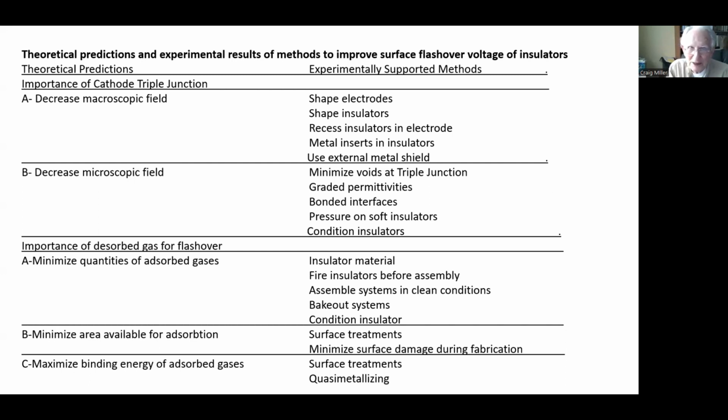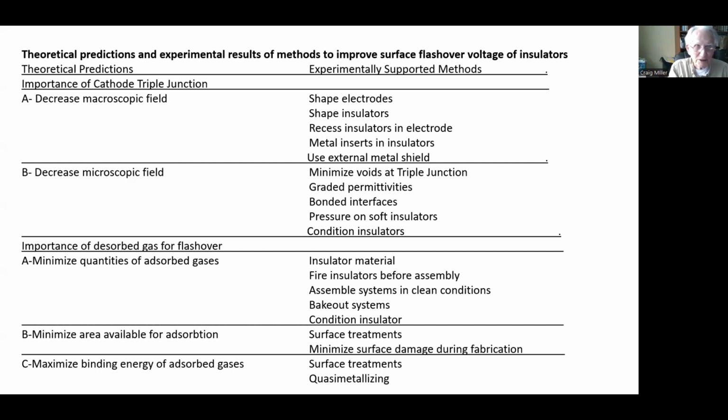Bonded interfaces are again possible primarily with organics, which can be very tightly bonded. There are also pressure in soft insulators, and conditioning insulators, because I think you're burning off weak points of the triple junction, and also desorbing surface gas.